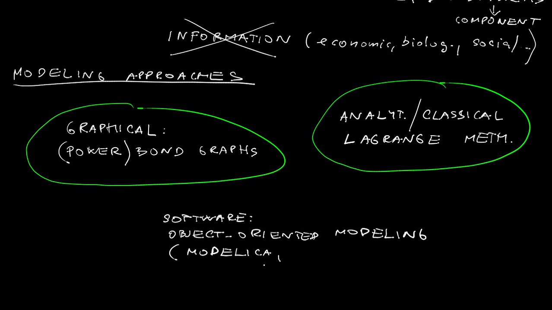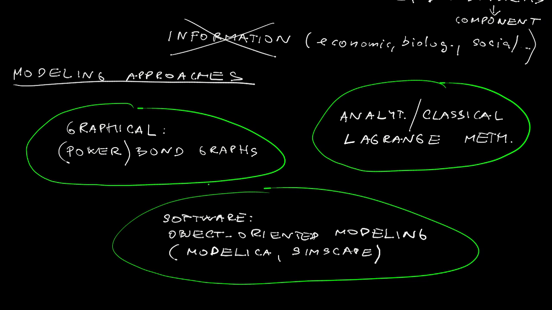There is also another implementation of the same concept, which is called Simscape. It is implemented by the MathWorks company, the producer of MATLAB and Simulink. There might be some more implementations, but these two are the two that are of most interest to us in this course. So, graphical, equations, and software.